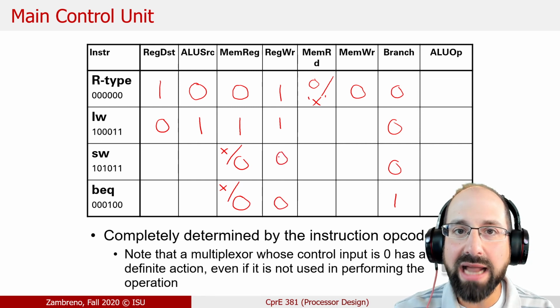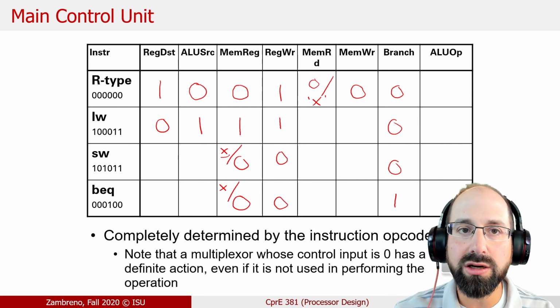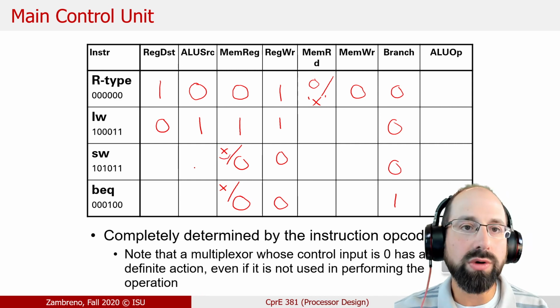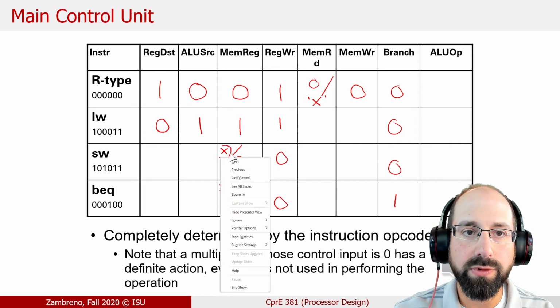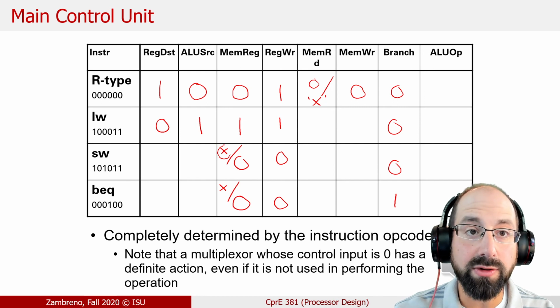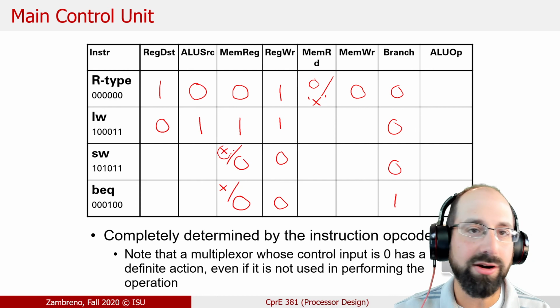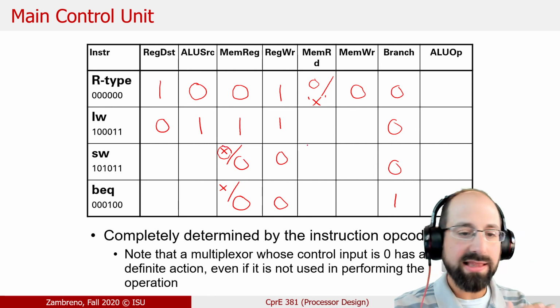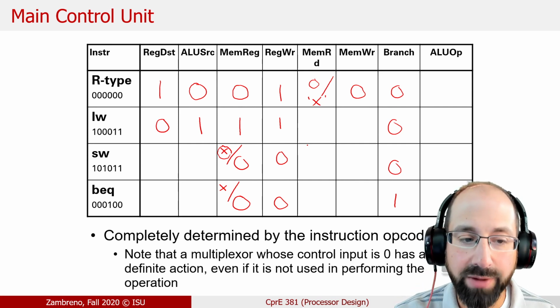Technically the correct answer would be, we don't care what the control signal is for that mem to reg mux. It could be a 1, it could be a 0, and it doesn't matter to us. Literally, we don't care, or from a logic optimization perspective, we don't care. If it's a 0 or a 1, take the ALU output or take the memory output, I don't care. I'm not going to be writing that value back anyway.